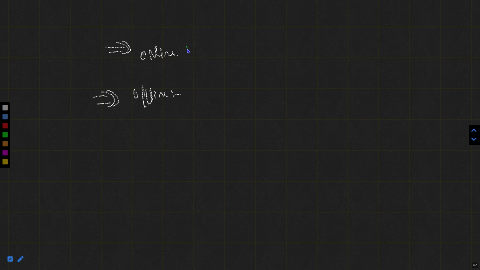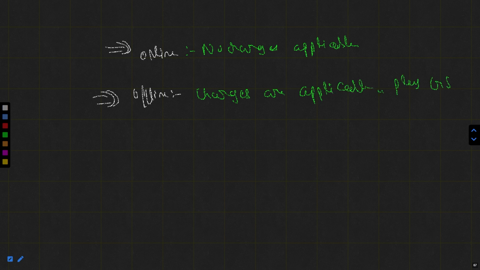When you go online, no charges are applicable on your transaction. It means you will not be charged even a single penny. But if you go offline, charges are applicable plus GST. Okay, so this is the criteria, and it differs bank by bank.